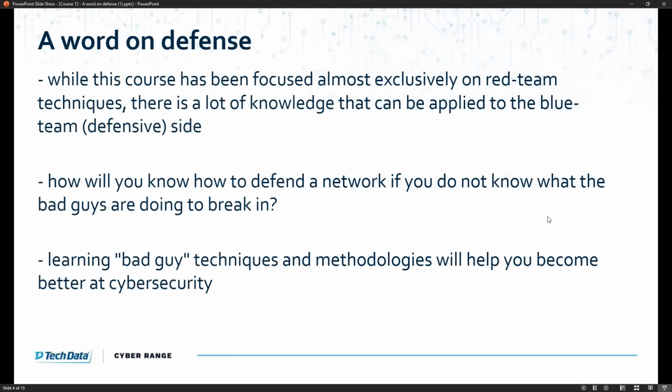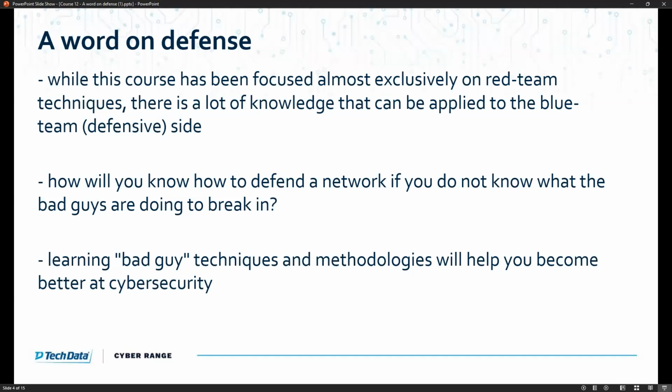So defense, again, we've focused a lot on red team techniques. We've focused a lot on offensive security. However, there is a lot of knowledge from this that can be applied to the blue team side, to defense.